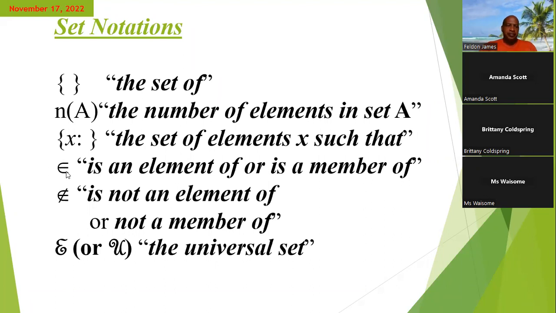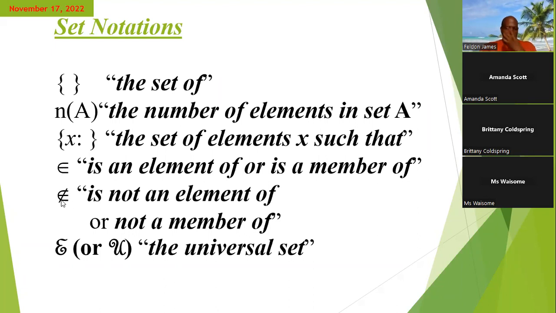Now this fancy looking kind of E, not really an E, but a symbol, means is an element of or is a member of. When you have some element of a set, this symbol is placed between that member and the set.